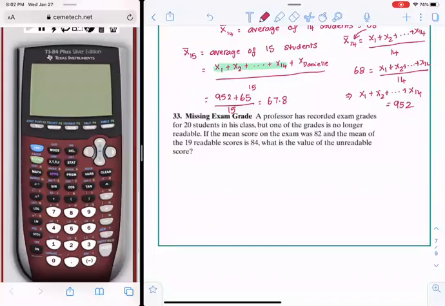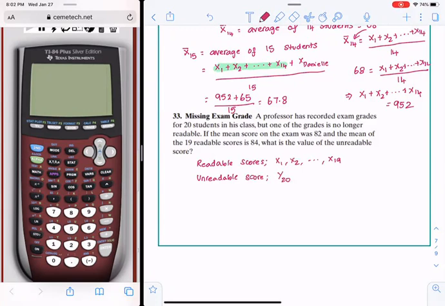So the professor graded the exams of 20 students. Now I'm going to call readable scores as x1, x2, all the way up to x19. The one unreadable score, I'm going to call it y20.